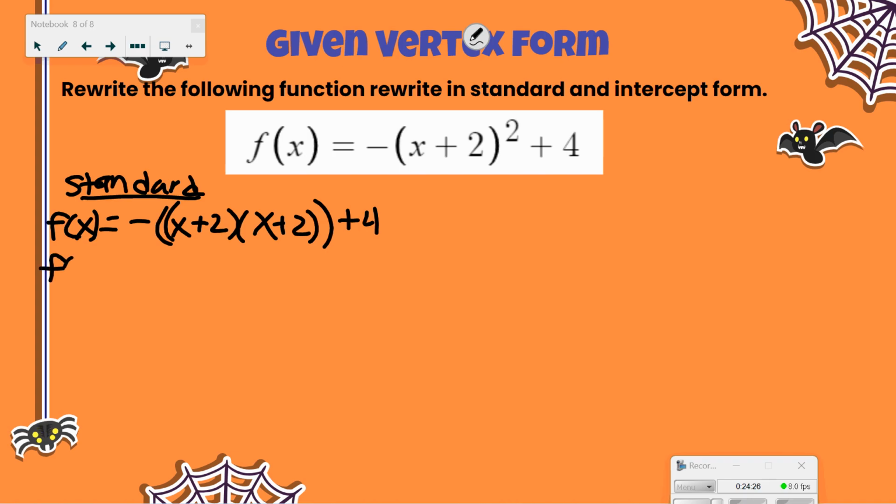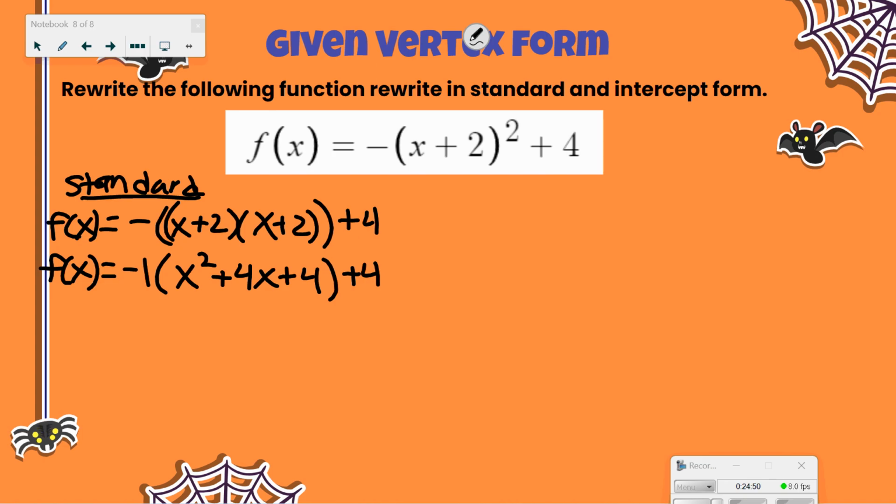Multiply them through. So you would end up with x squared plus 4x plus 4. And now that you're here, how could you keep getting into standard form? What are you noticing next?